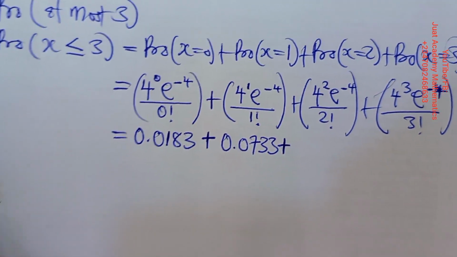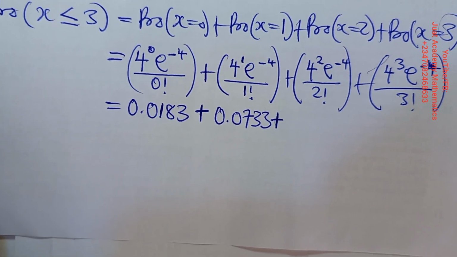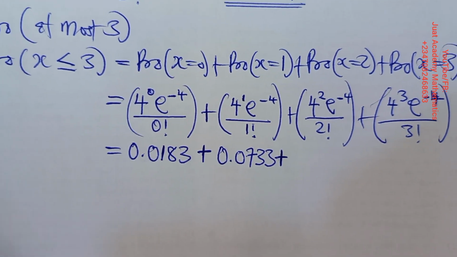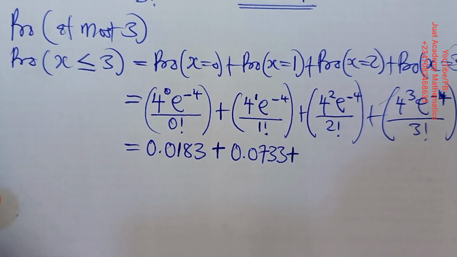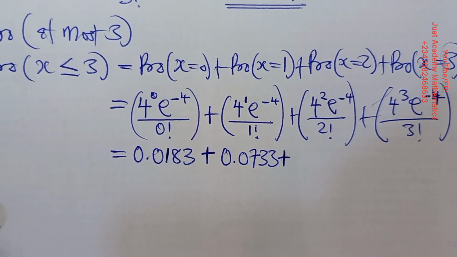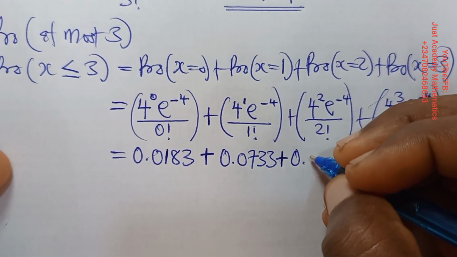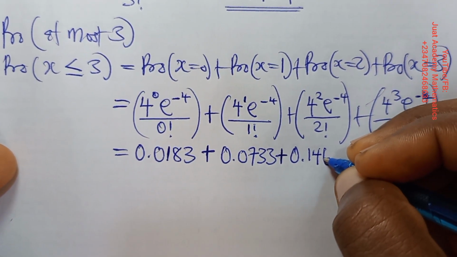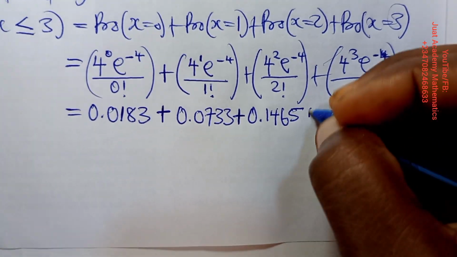Plus 4 raised to the power of 2 is 16. So we'll take that again, which is e raised to the power of minus 4 multiplied by 16, divided by 2 factorial, which will give me 0.1465.